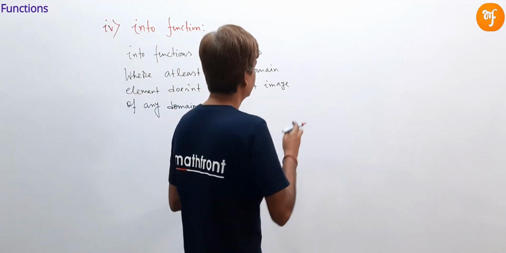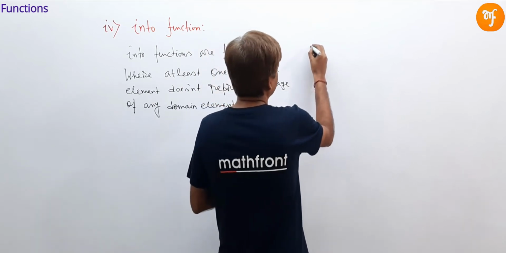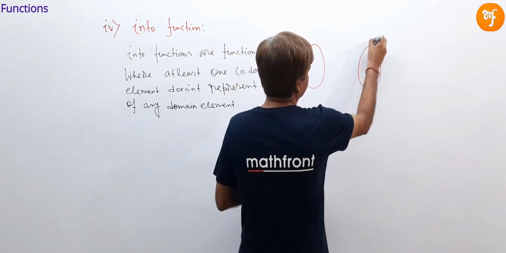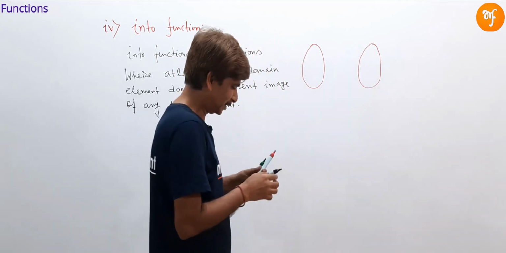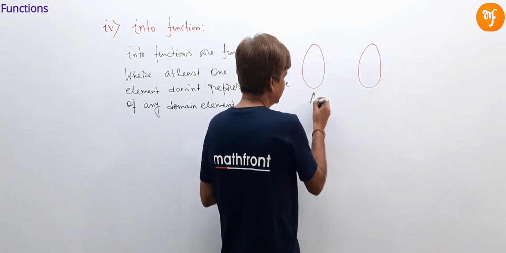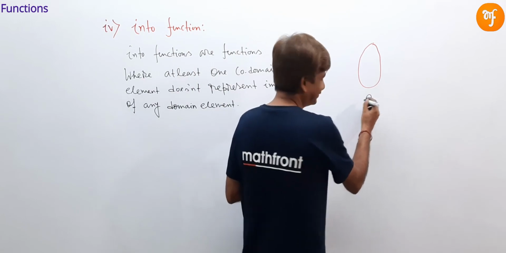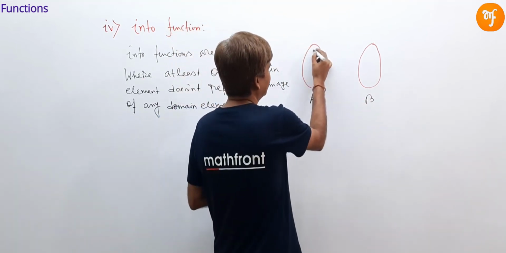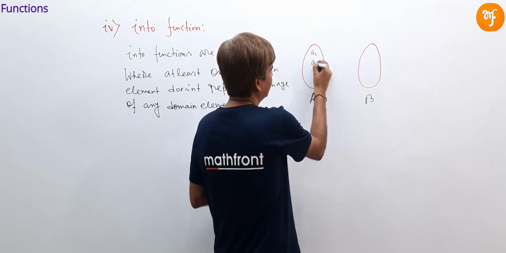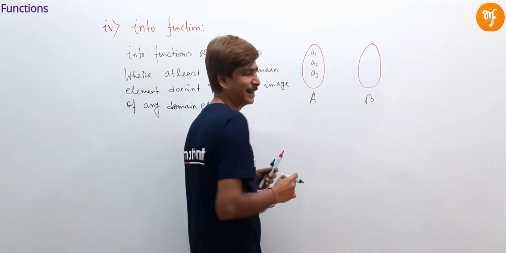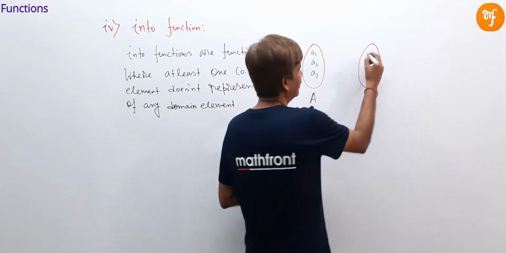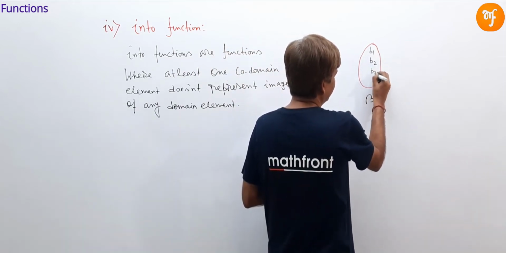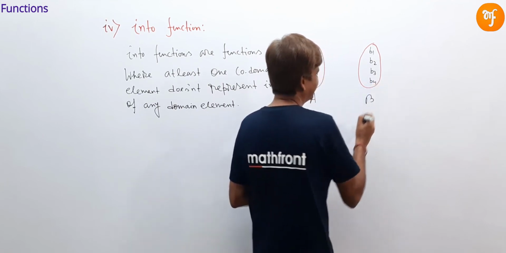So, considering these are two sets, give the name of these two sets, suppose set A and set B. Okay, elements of set A are suppose A1, A2 and A3, and elements of set B are B1, B2, B3 and B4.